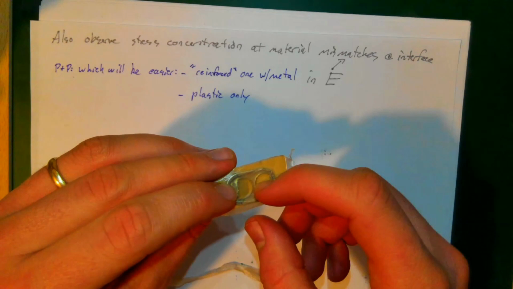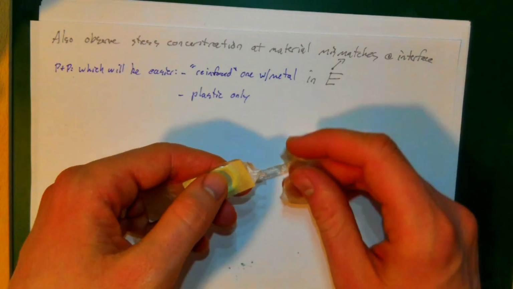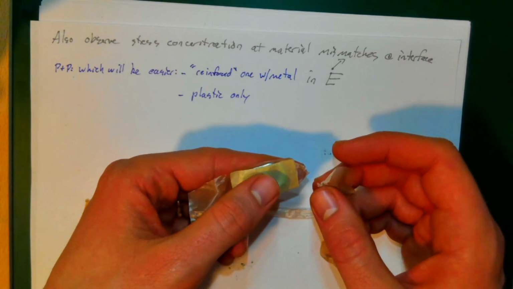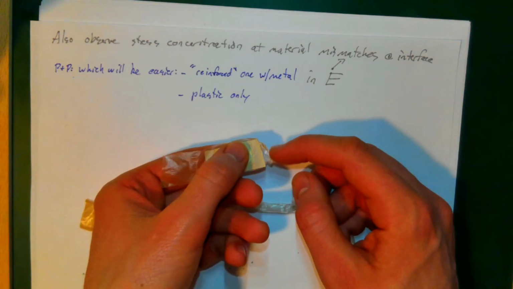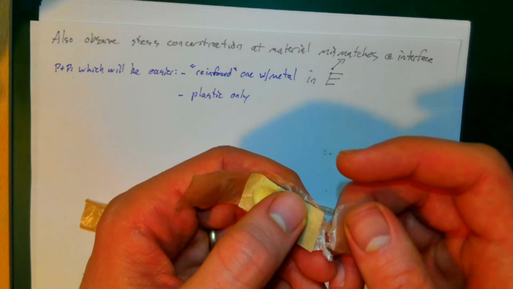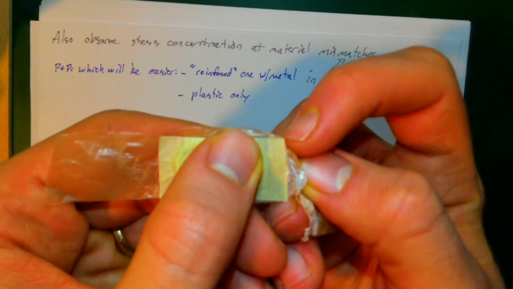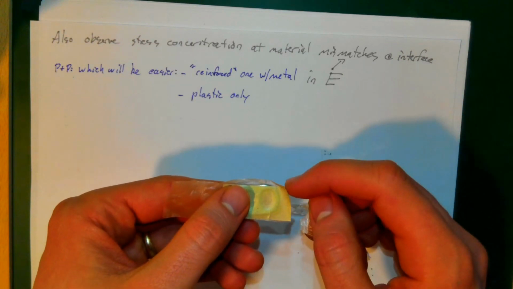And basically what happened? Well, it didn't even break at the metal. It actually broke at the tape plastic interface. There was definitely a material mismatch between the plastic and the metal, but there was also a material mismatch between the tape and the metal. And it basically started a tear right here at this corner where the plastic bag interfaced with the tape.